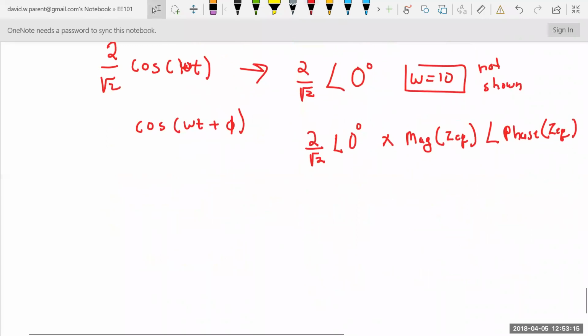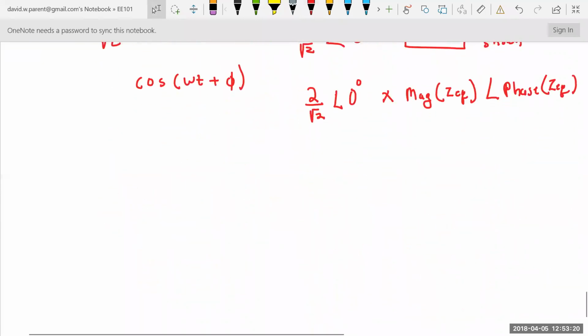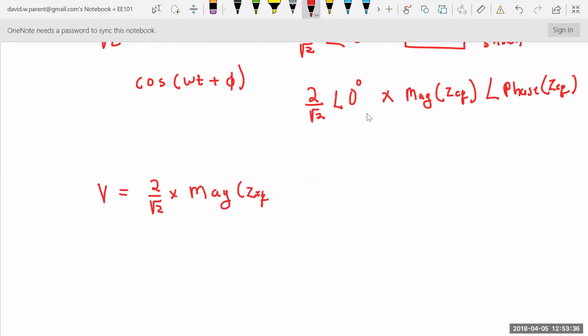I just have to multiply. V equals 2 divided by the square root of 2 times the magnitude of Z equivalent, and then we have 0 plus the phase of Z equivalent.